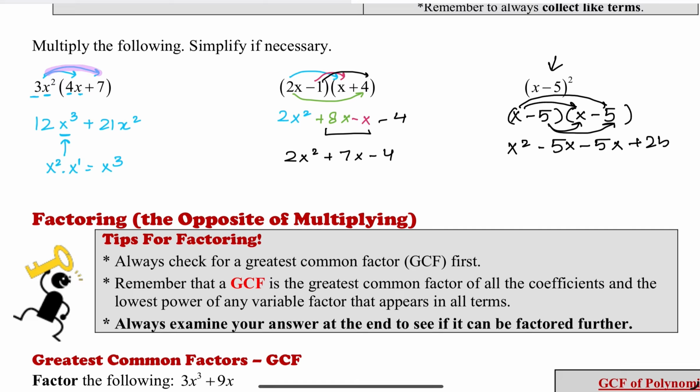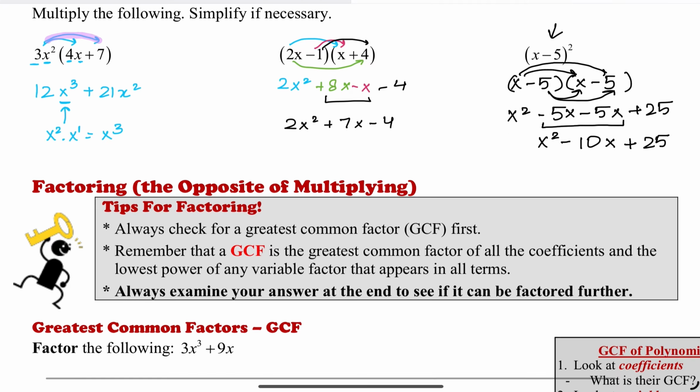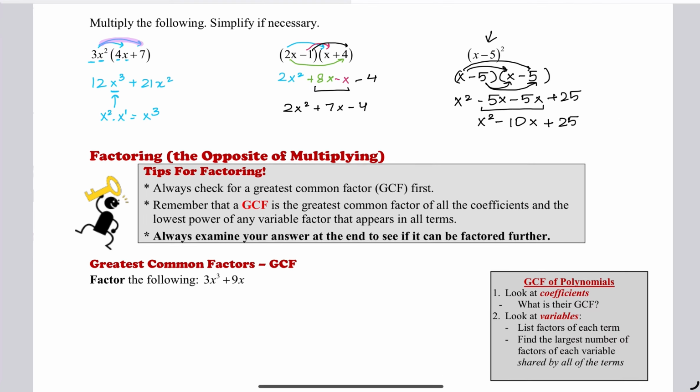So your answer will be x squared minus 10x, because minus 5x and minus 5x is minus 10x, plus 25. There you go. Okay, so you're just multiplying and simplifying.